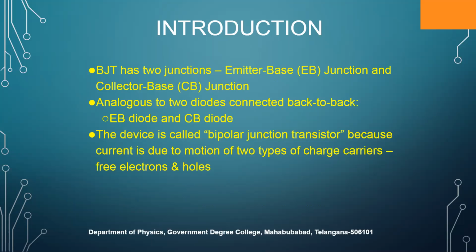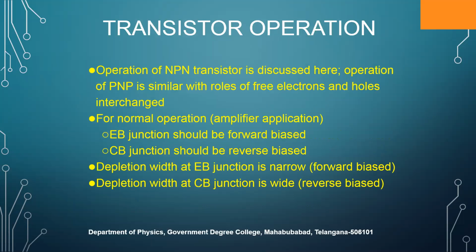Because of the two junctions, we call it a junction transistor. And bipolar means that in a bipolar junction transistor, the current transfer takes place because of free electrons and holes. Electrons are negatively charged carriers, and holes are positively charged carriers. Because of these electrons and holes, the current transfer is happening. That's why we call it a bipolar junction transistor. Bipolar means two. We have to remember that.